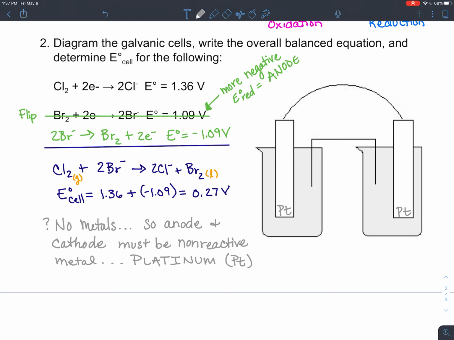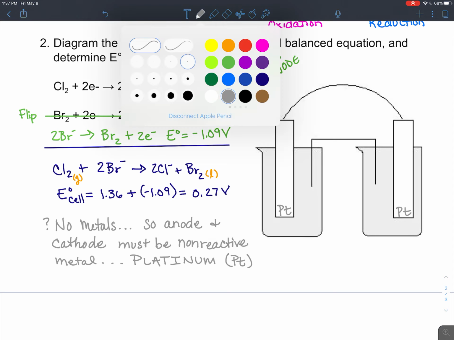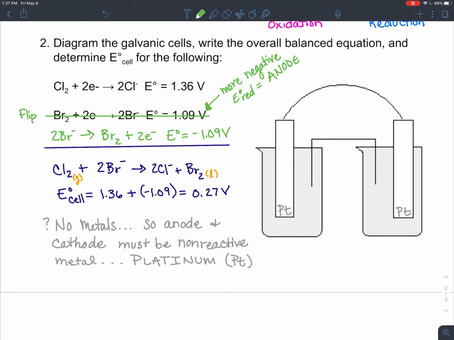We know that our oxidation is the one that we had to flip, right? Because it's no longer being in the reduction state. So that means that this one here with bromine was our oxidation. Okay. And so for the half reaction for the oxidation, the anode again is oxidation.